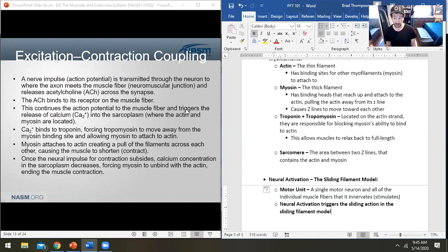That's the sarcomere. So it releases calcium into the sarcoplasm where your sarcomeres are located. That calcium is what troponin is attracted to. Troponin and tropomyosin are attracted to calcium.